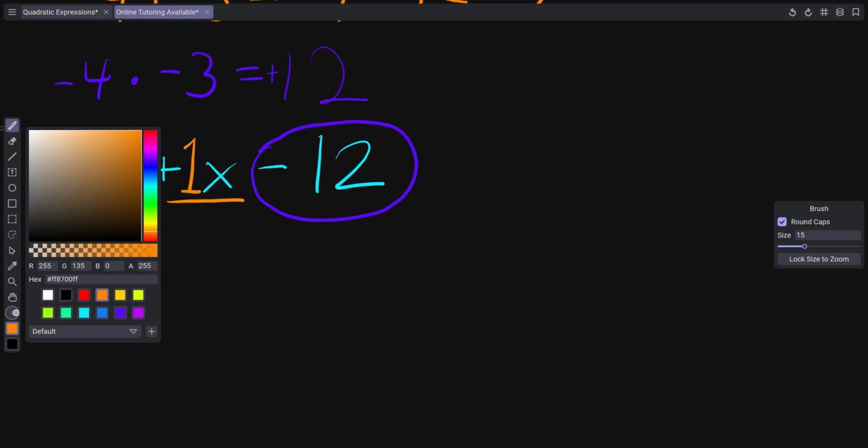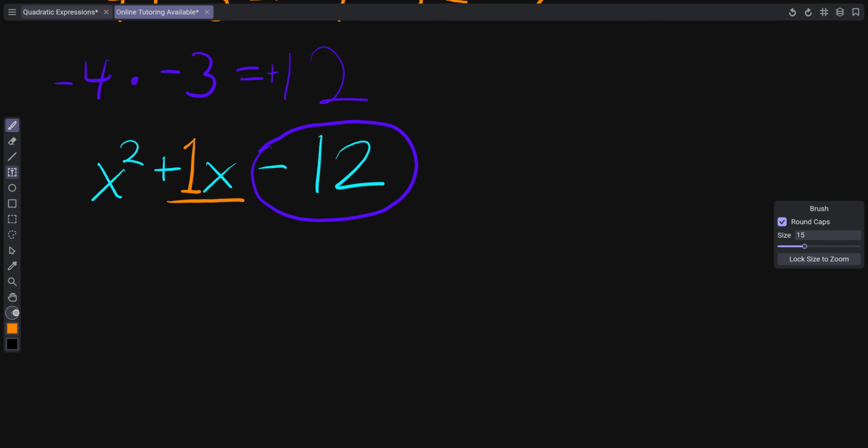So let's look at this positive 1 first. Well, actually, let's look at the negative 12. You can multiply 4 and 3 to get 12, but because it's negative 12, we're going to need a positive number and a negative number.